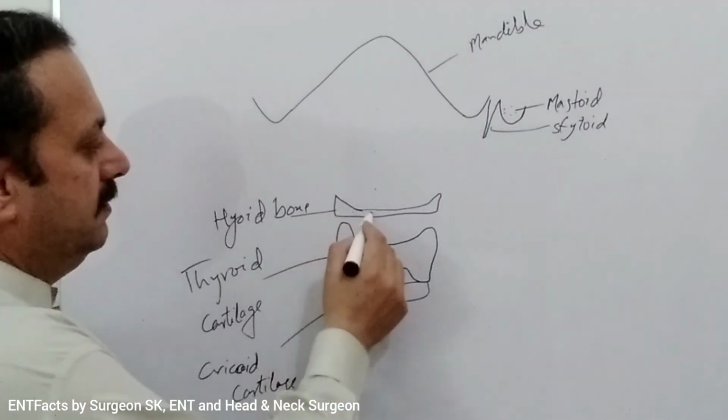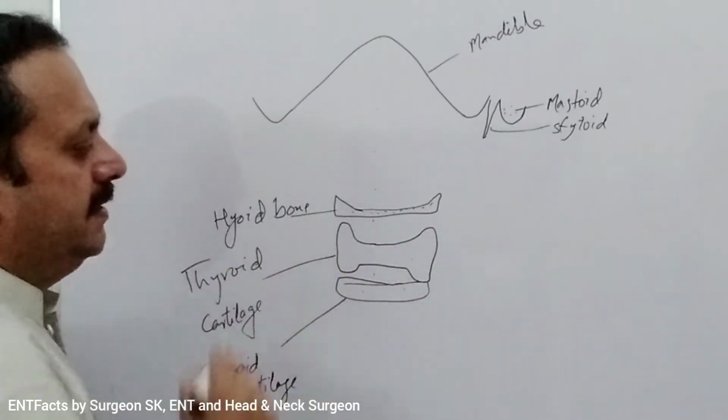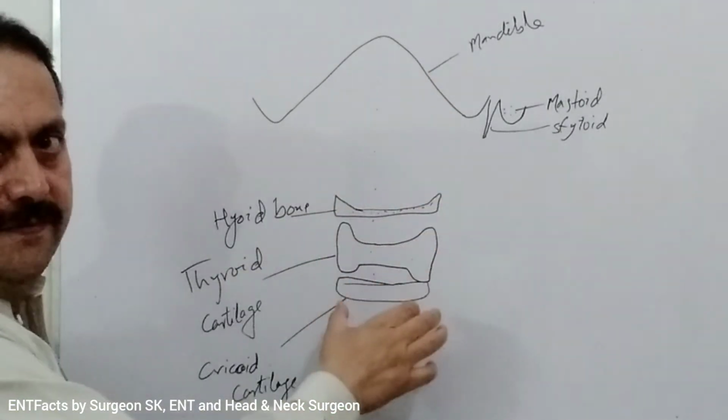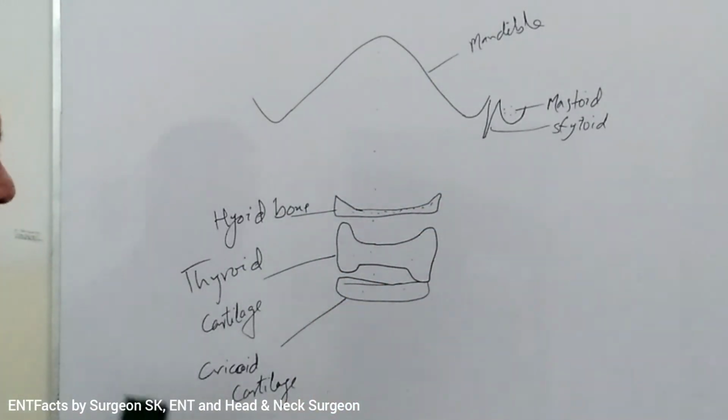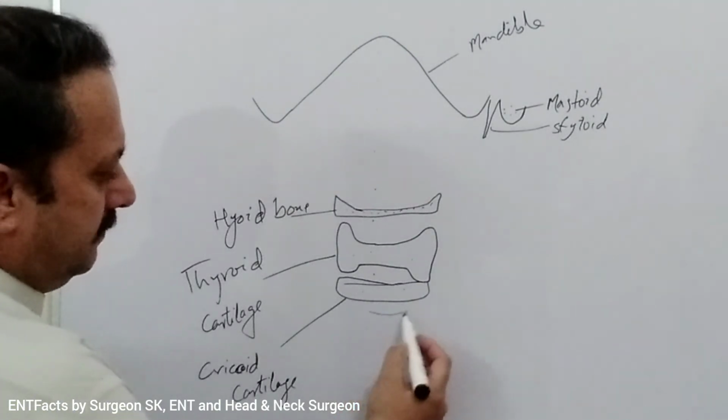This is hyoid bone, thyroid cartilage, and cricoid cartilage. They lie in the midline of the neck. Below that are the tracheal rings.